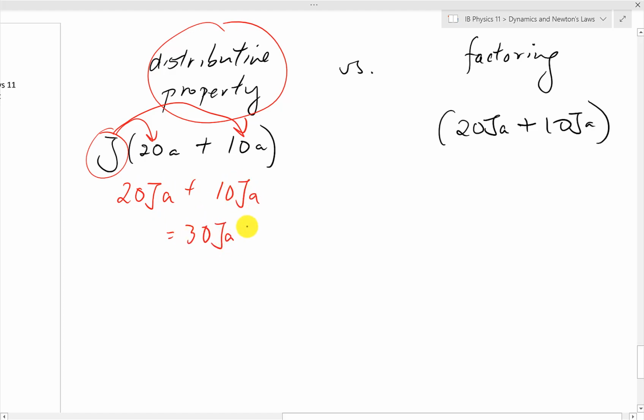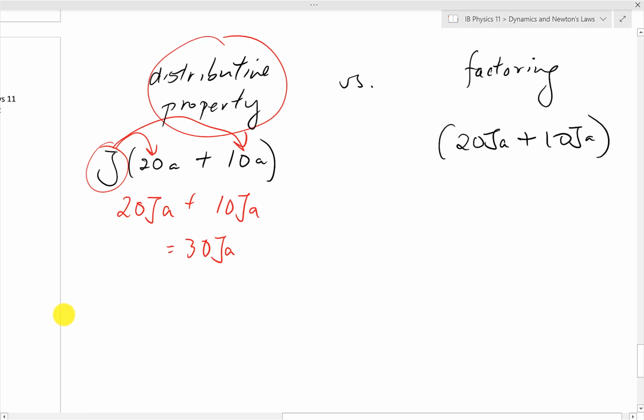Very juicy, versus factoring. On the other hand, if I have 20 juicy apples and 10 juicy apples, I can factor out a juiciness factor outside of my brackets. Well, I have to put in brackets first, and then that's going to give me my juiciness outside of these brackets, and 20 apples and 10 apples on the inside of that.